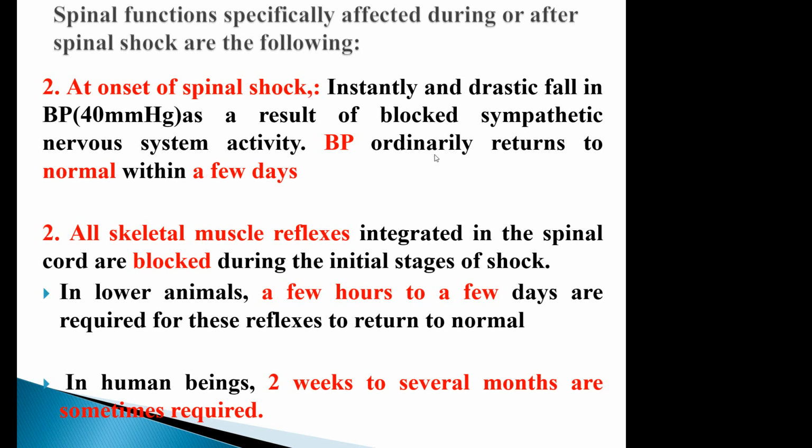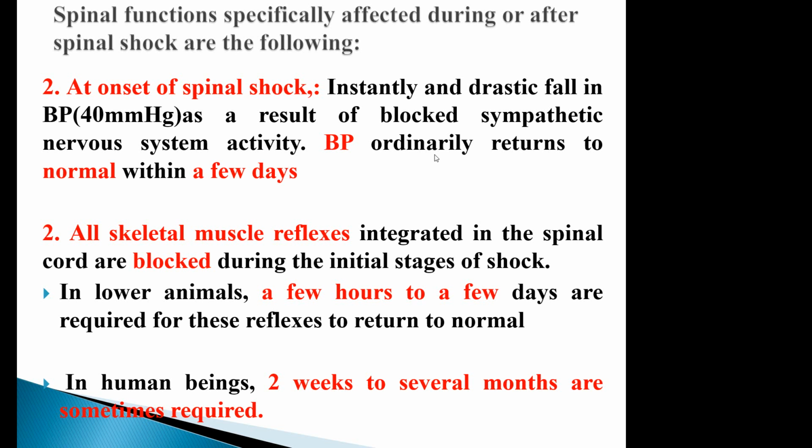Now, the spinal functions which are specifically affected during or after spinal shock are as follows. At the onset of spinal shock, there is an instant and drastic fall in blood pressure, by up to 40 millimeters of mercury, as a result of blockage of sympathetic nervous system activity.